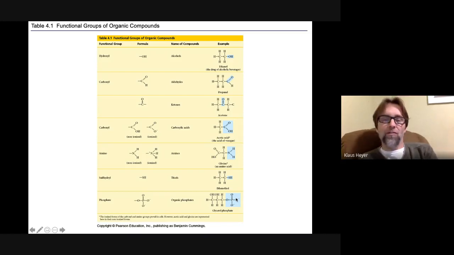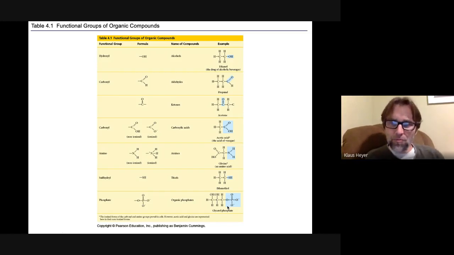But let me ask you guys a question. If you're looking at this bottom molecule, I see a phosphate. Are there any other functional groups that you see on there, even though it's not marked? I see two of the same functional group.